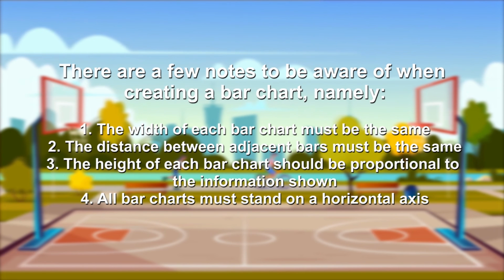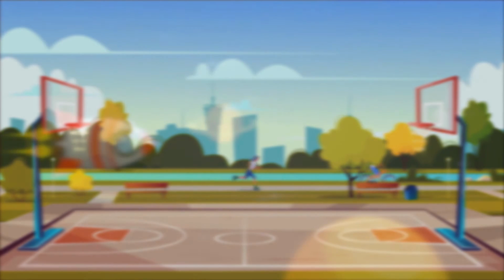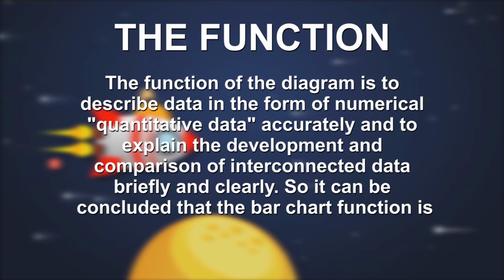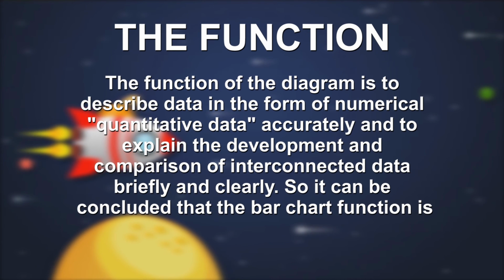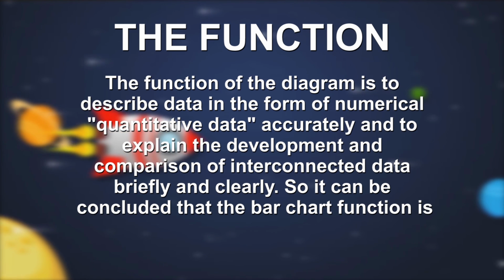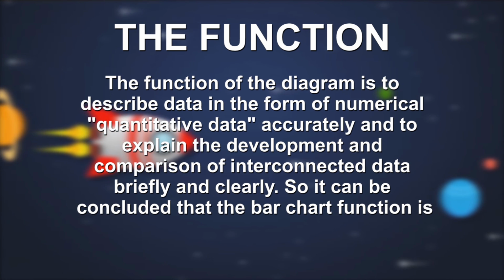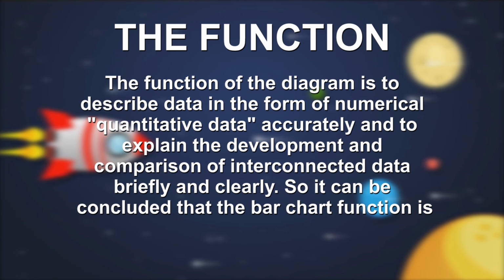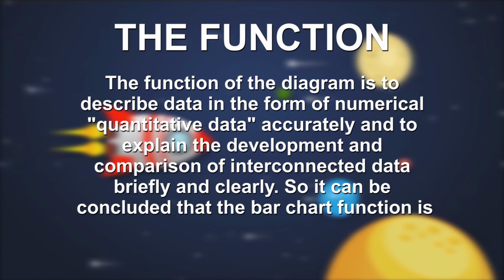In the next slide, we see that the function of the diagram is to describe data in the form of numerical, quantitative data accurately and to explain the development and comparison of interconnected data briefly and clearly.